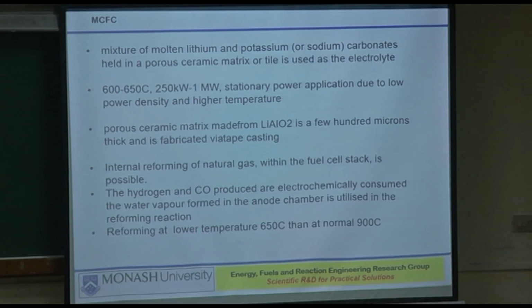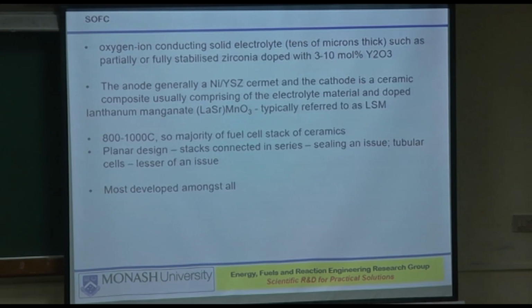So that is the molten carbonate fuel cell. Then let's go to the solid oxide fuel cell. The electrolyte is an oxygen ion conductor, and it can be tens of microns thick, so 40, 50, 100 micron thick, and could be partially or fully stabilized zirconia doped with a certain amount of yttrium oxide, which gives the zirconia a much better ionic conductivity.